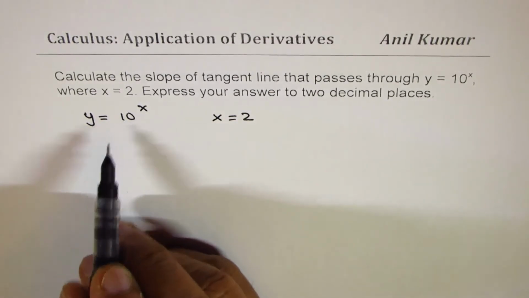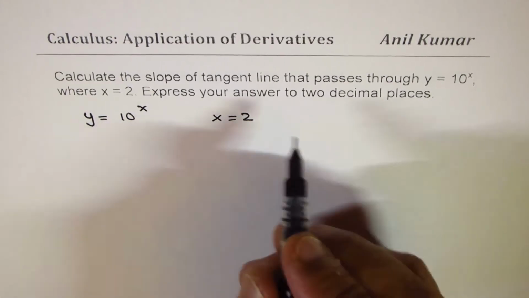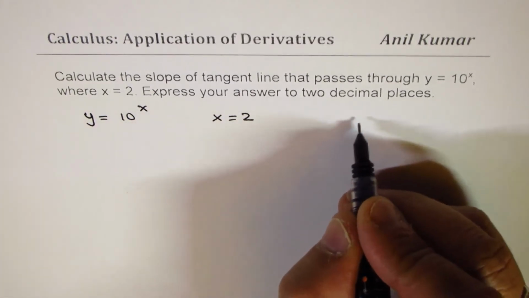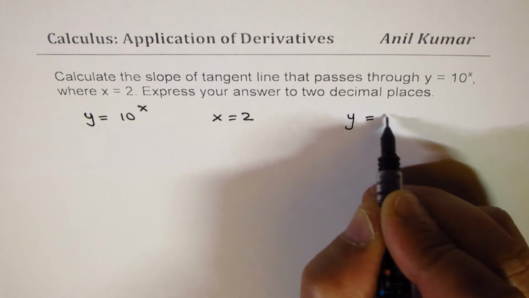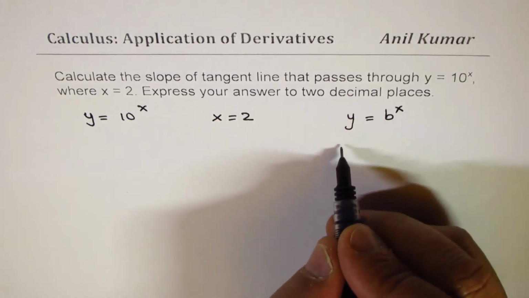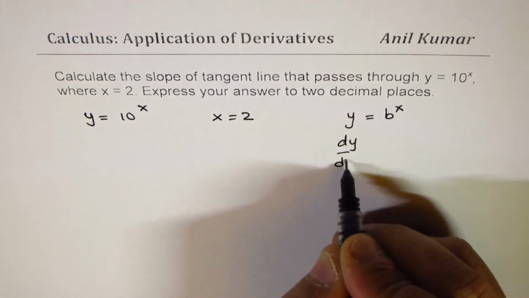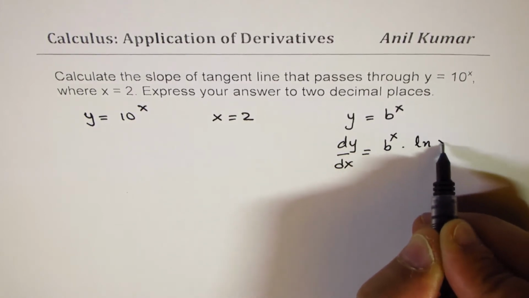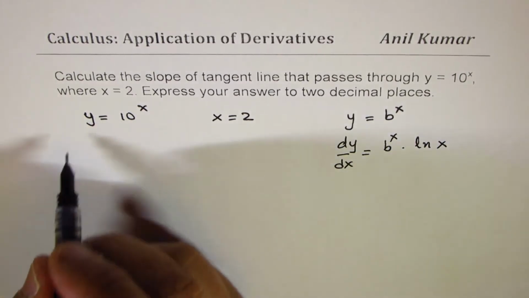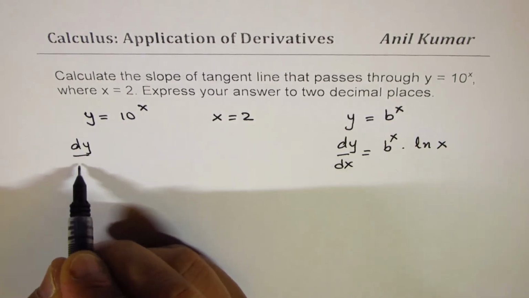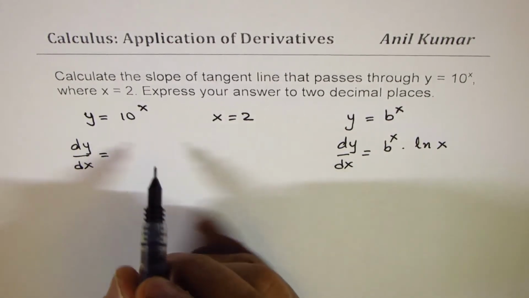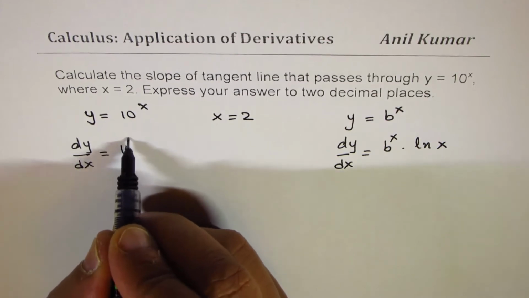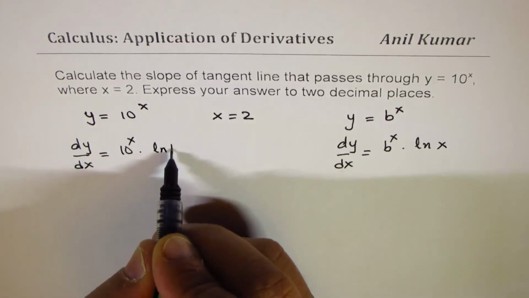Well, we have a function which is an exponential function, right? So I hope you remember, if I have y equals b to the power of x, what is dy/dx? dy/dx is b to the power of x times ln b, right? So in this case, dy/dx will be equal to 10 to the power of x times ln 10.